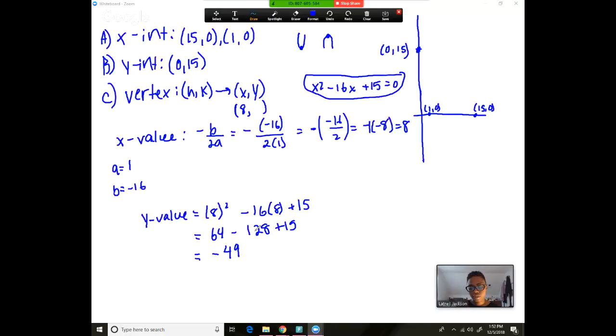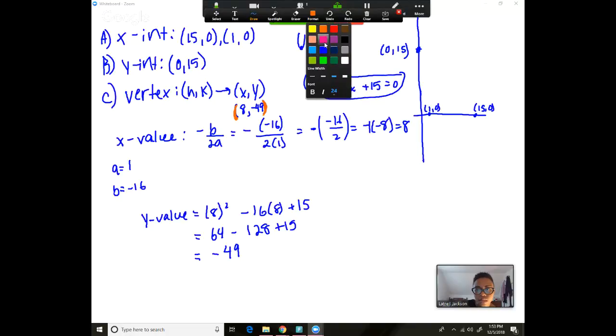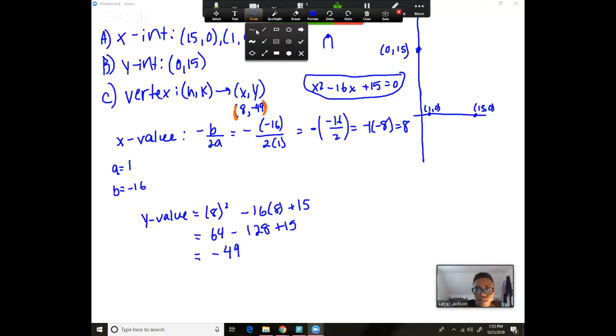So now we can plug in that point. Let me make this a new color. First, negative 49. So if we go to the graph, I'm going to take this down, like way down.